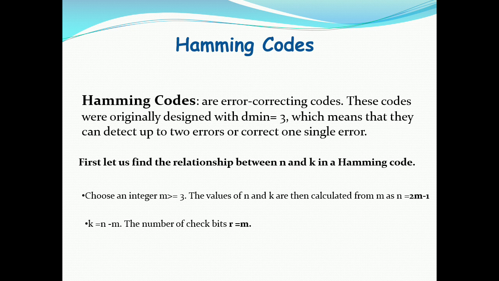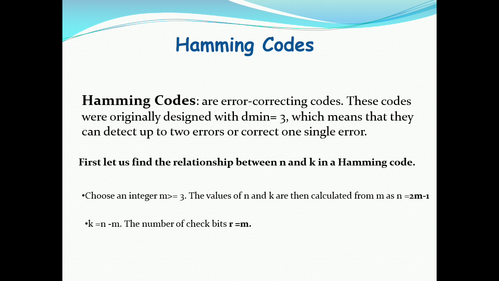It consists of k check bits and n data bits for a total of n plus k bits, and consists of a range of 2 to the power k values between 0 and 2 to the power k minus 1. Therefore, it must be equal to or greater than n plus k. And the main equation is 2 to the power k minus 1 must be greater than or equal to n plus k. And we will study the relationship between n and k in a Hamming code.